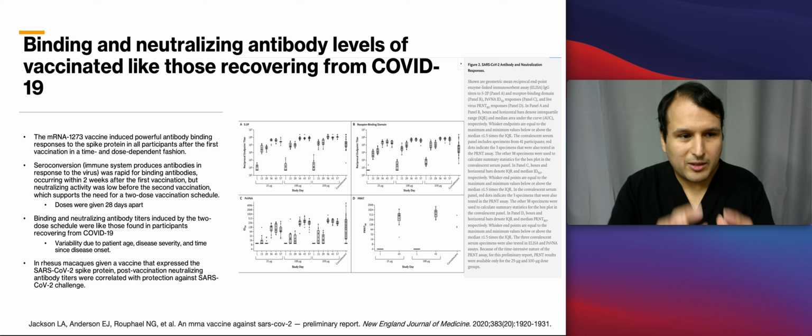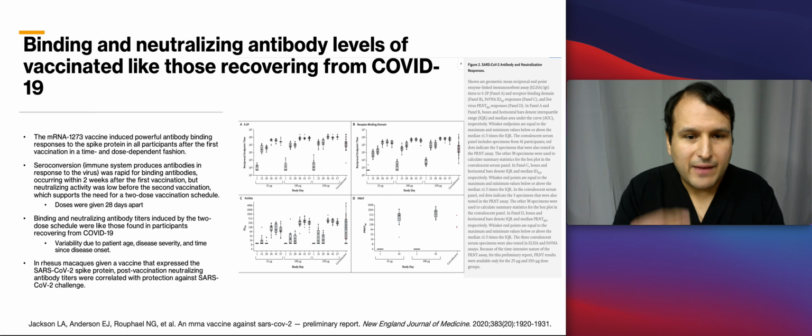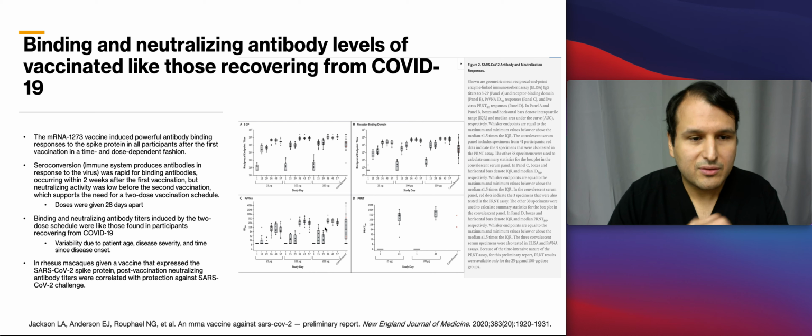For the most part, the antibodies that vaccinated individuals produce will effectively bind to the spike protein and to the receptor binding domain. How do I show you that? The first 2 portions at the top will show the binding, and the bottom part will show their neutralizing activity. Let me orient you.